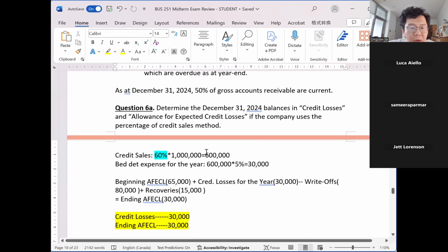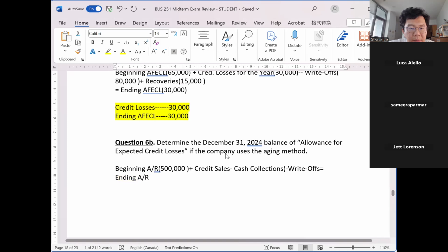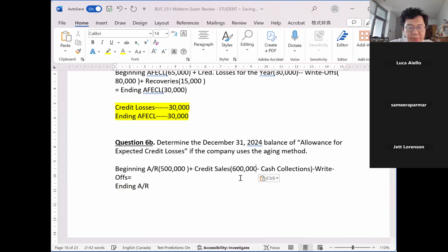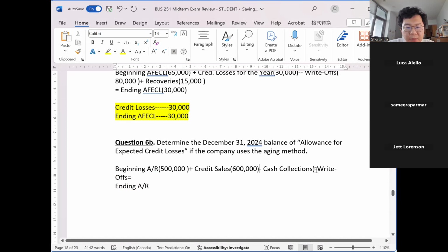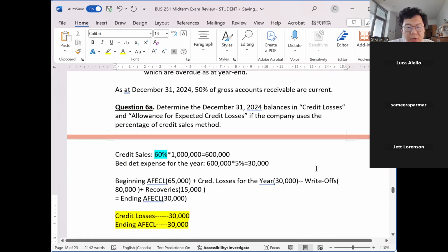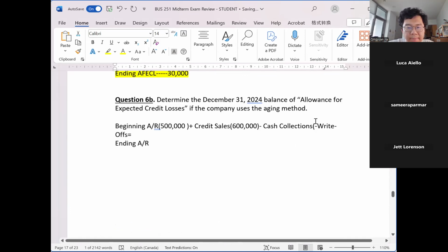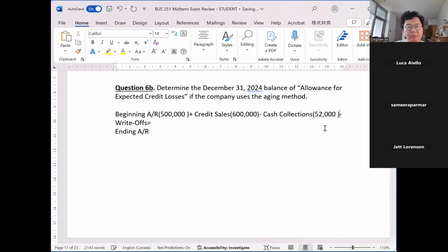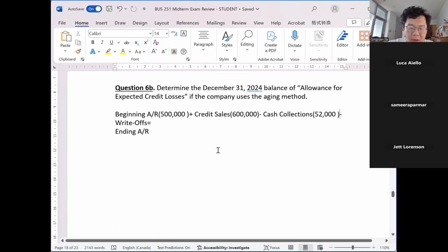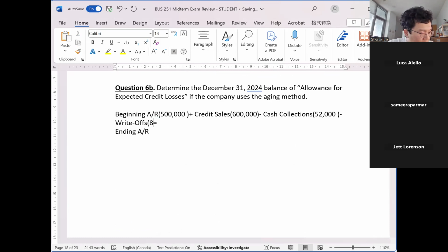Credit sales we calculated already, so we use the number here, and subtract the cash collection, which you can find here, payment on account received from customers. This is the amount that we collect. And subtract the write-offs. The write-offs, as I remember, is 80,000.